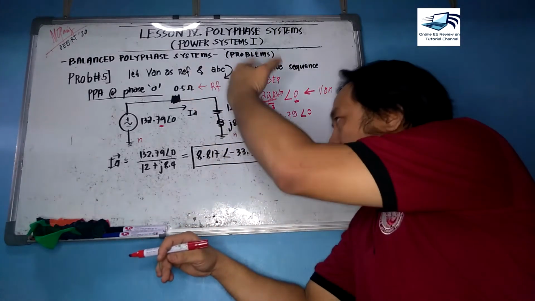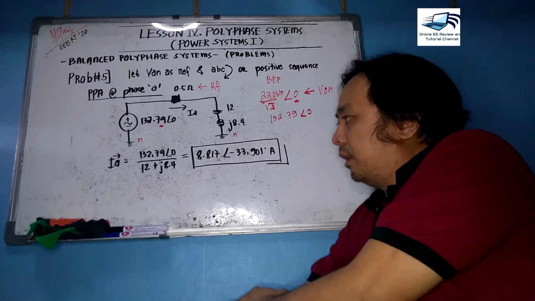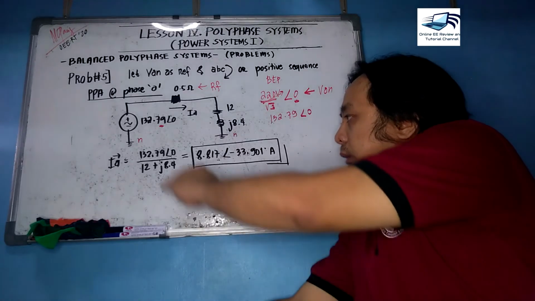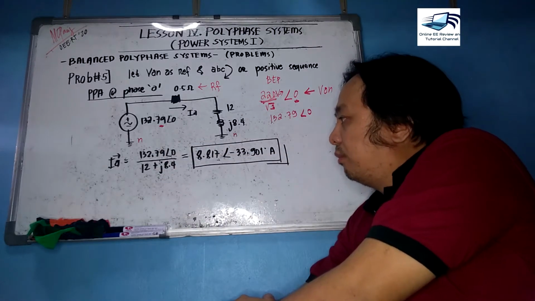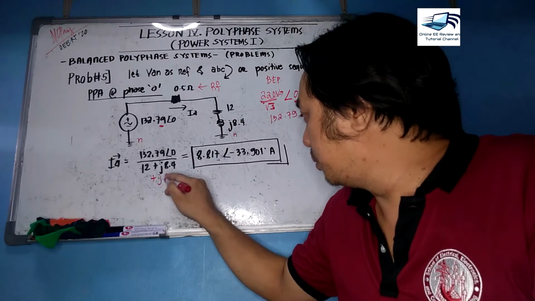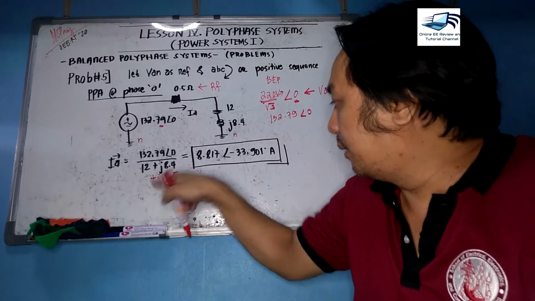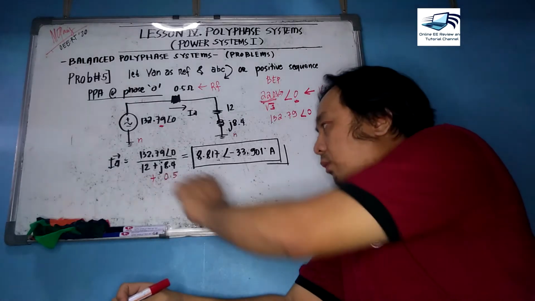Now, again, this is a series circuit. So you can now get the line current by dividing 132 angle 0 all over 12 plus J4 plus, we forgot to mention, the feeder resistance, 0.5 ohm resistance. So you need to add it up.